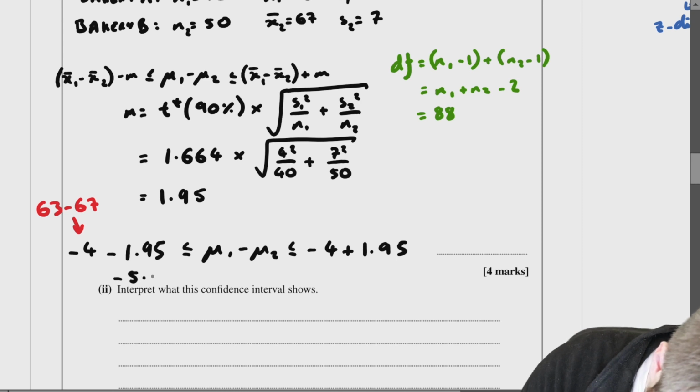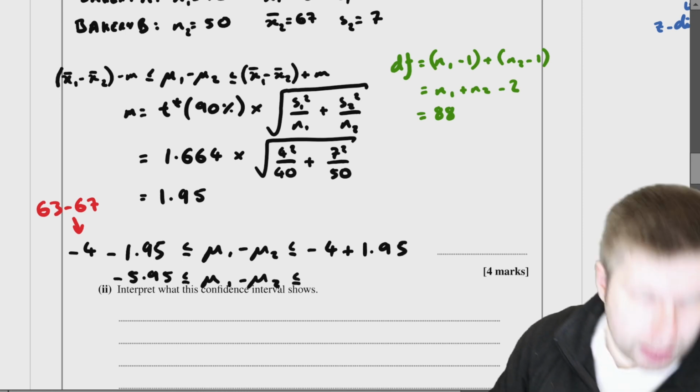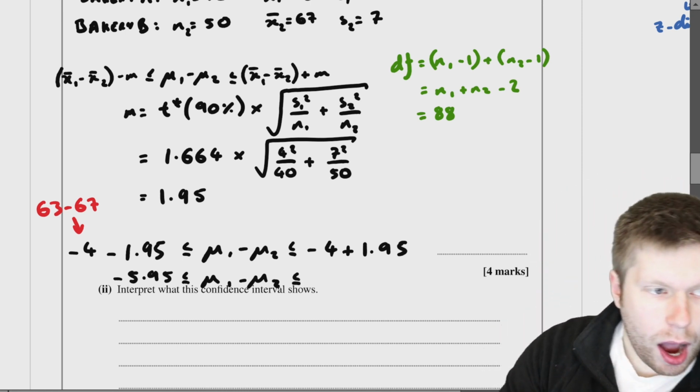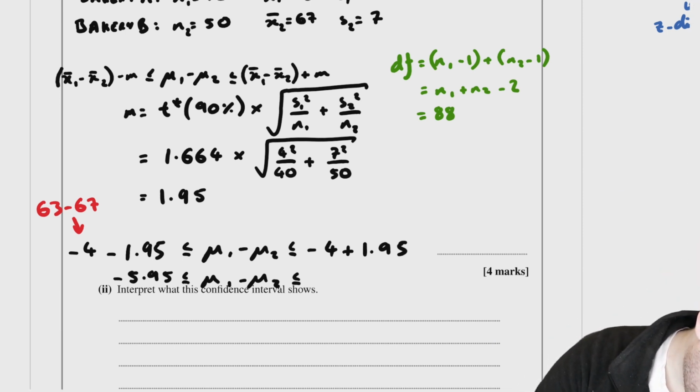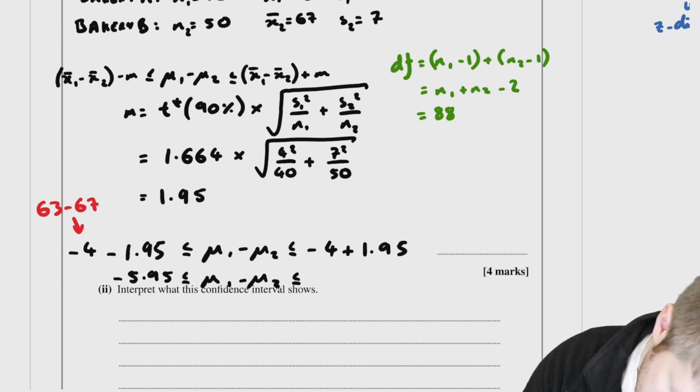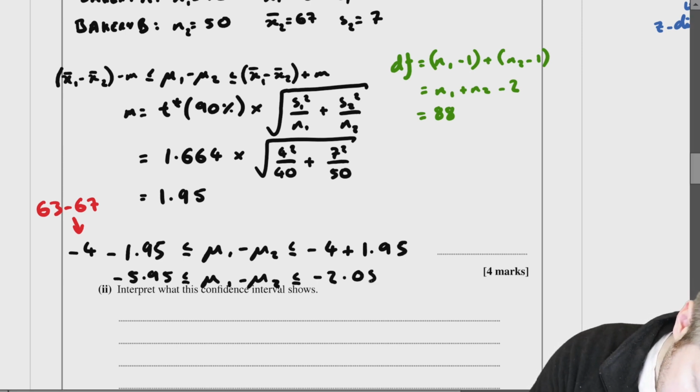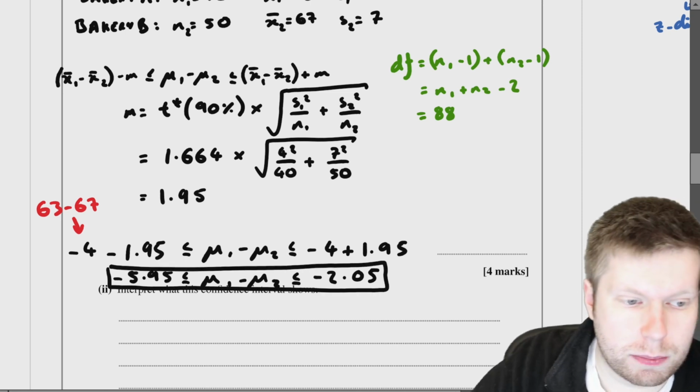That's my lower threshold. The difference in the true population means should be anything from -5.95 up until, well, what's -4 plus 1.95? That should be equal to -2.05. So that is the confidence interval for the difference in the true population means.